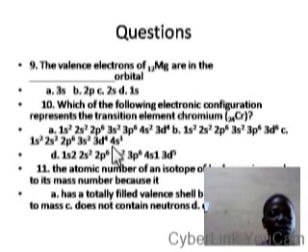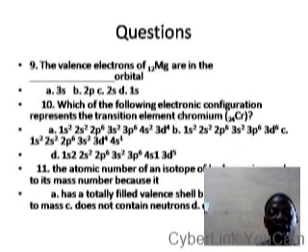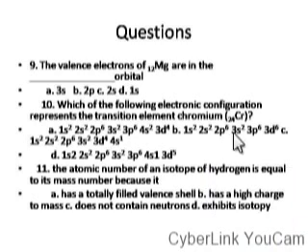No, this is wrong. So option C is wrong, because this is 4s1, 3d4. So option A is the correct answer: 1s2, 2s2, 2p6, 3s2, 3p6, 4s2, 3d4. That is the correct option for that particular question.